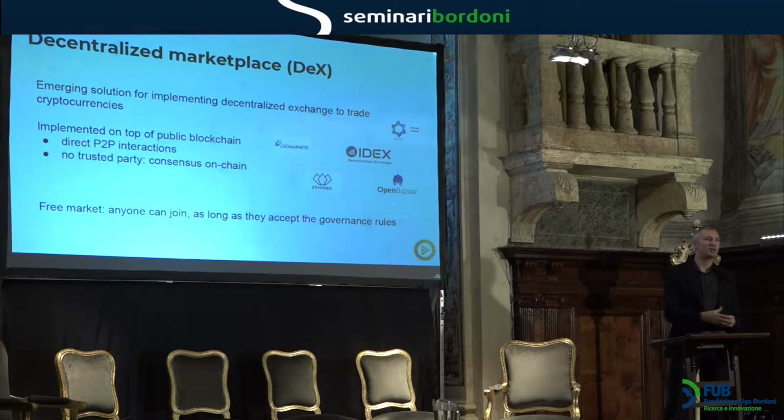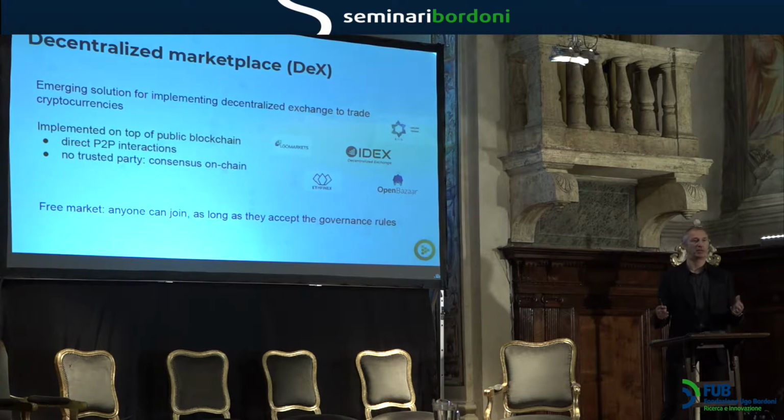Typically, in the last 15 years, the internet has grown mainly thanks to those platforms: Uber, eBay, Airbnb, etc. Those centralized marketplaces do a matchmaking between a consumer and a provider.